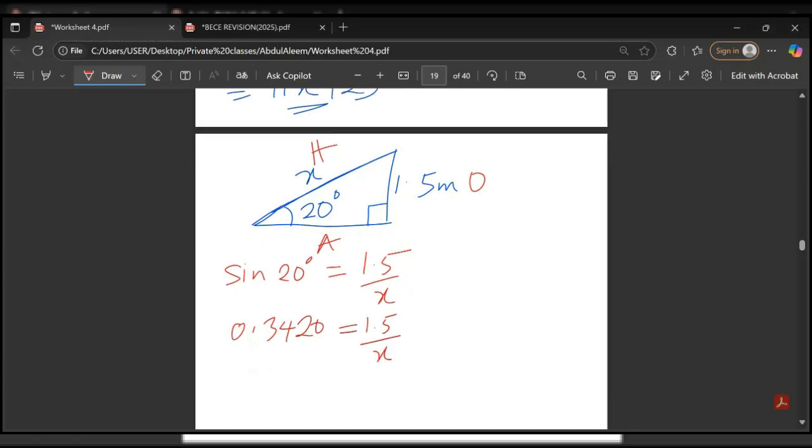So that's going to give us x equals 1.5 divided by 0.3420. That gives us 4.38. Okay, I've answered your question.